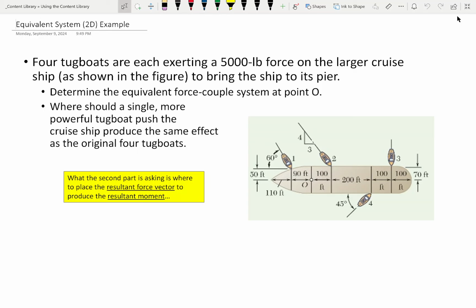The other thing I wanted to mention is, does anybody notice something about the 3D aspects of this problem? There aren't any. This is a 2D problem, right? So remember moments in 2D, remind me, what's the deal with moments in 2D?